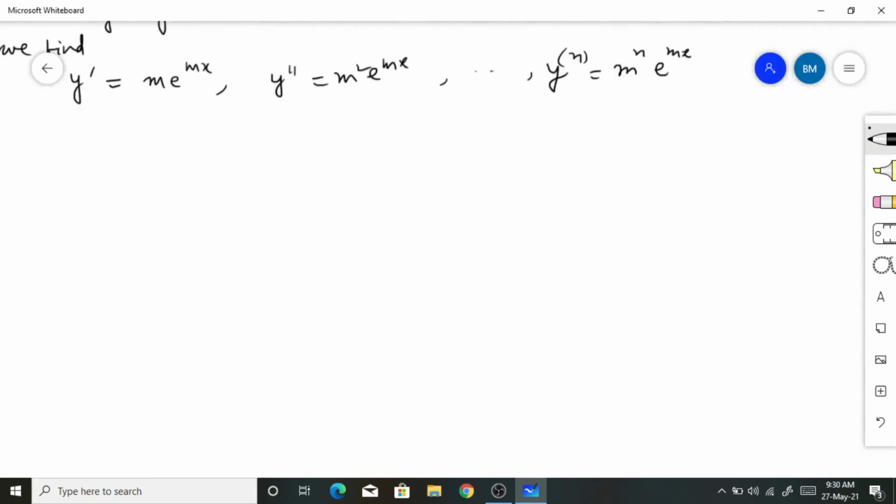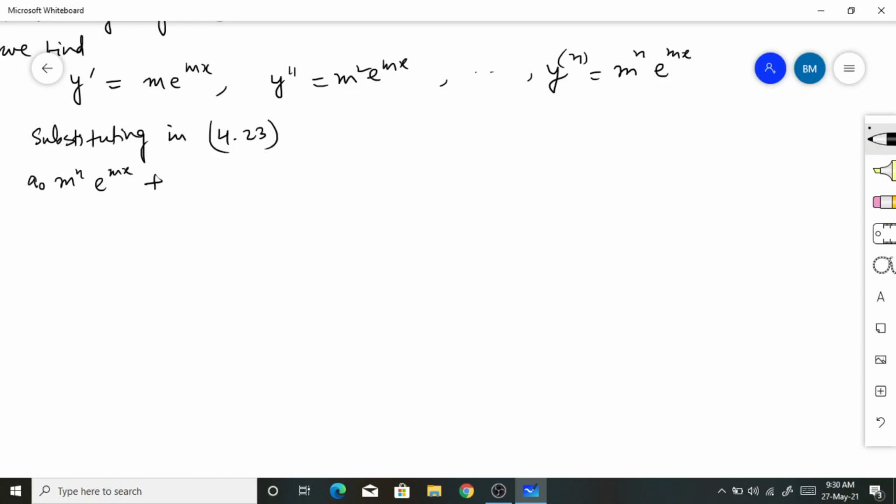Now, if I substitute all these expressions in 4.23: a naught remains a naught because it is a constant, and the nth derivative is m^n e^(mx).